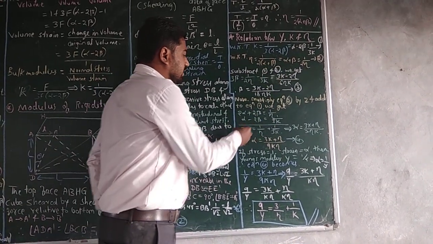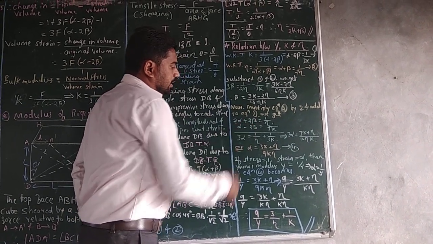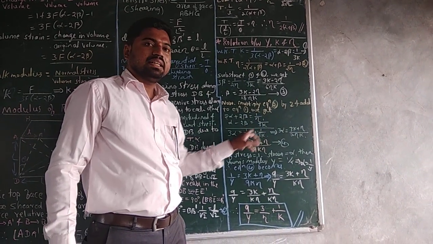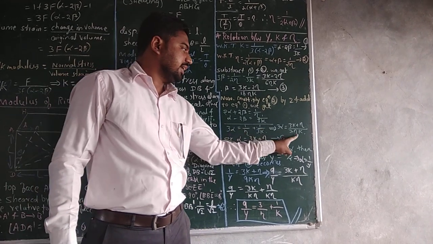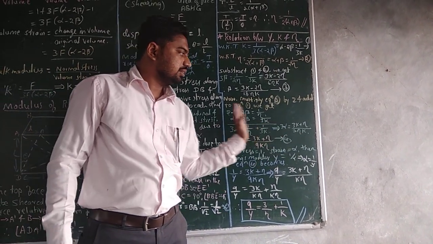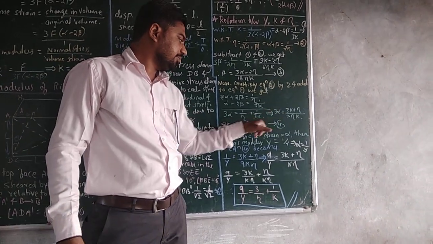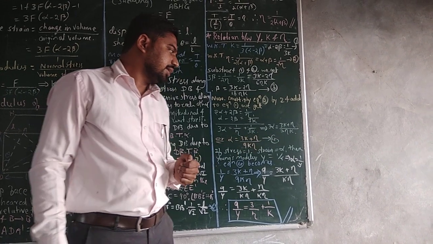Now add these. 2 alpha plus alpha is 3 alpha, plus 2 beta minus 2 beta cancels. The remaining term is 1 by eta plus 1 divided by 3K. Take the LCM. That is 3K plus eta divided by 3 eta into K. Take this 3 to the RHS side. It becomes alpha equal to 3K plus eta divided by 9K eta. Call that equation number 4.